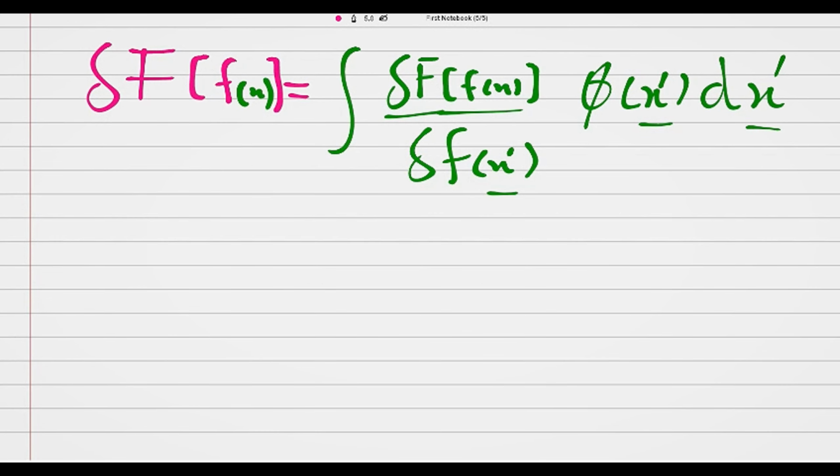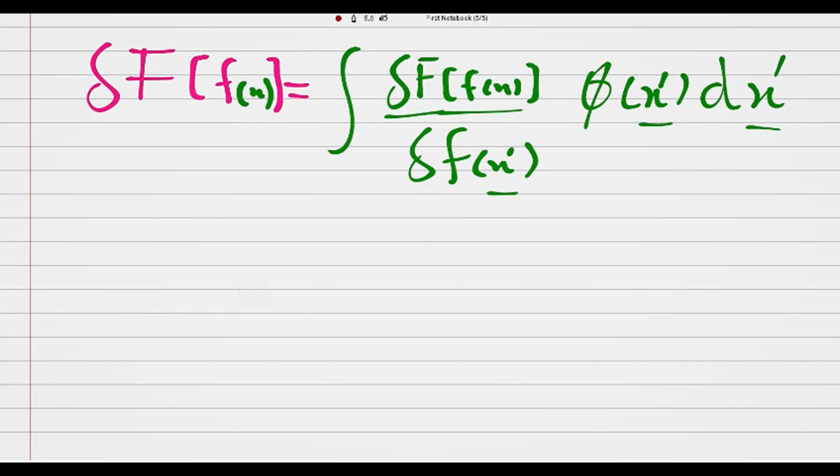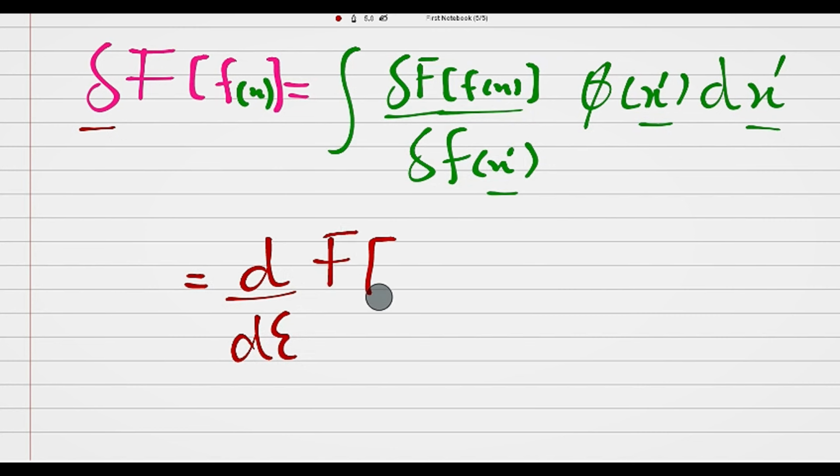So this is the integral form, and now let's write down its differential form, which is equal to d by de, since it's a variation. So variation with respect to e, because e is the perturbation parameter of the functional, which is the new, perturbed one, f plus e phi.